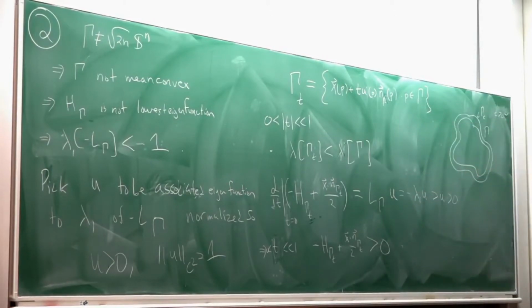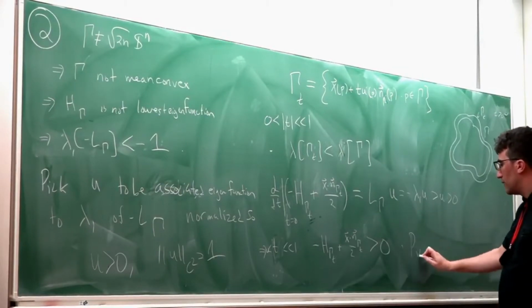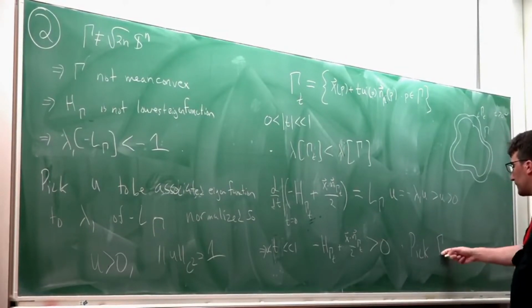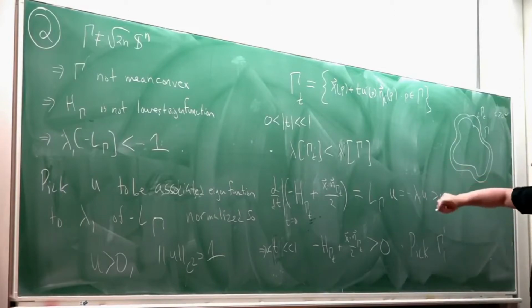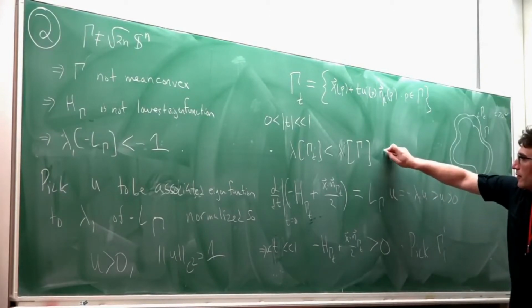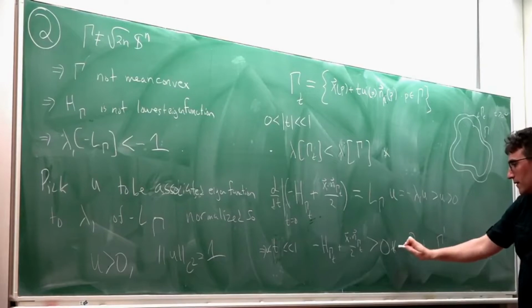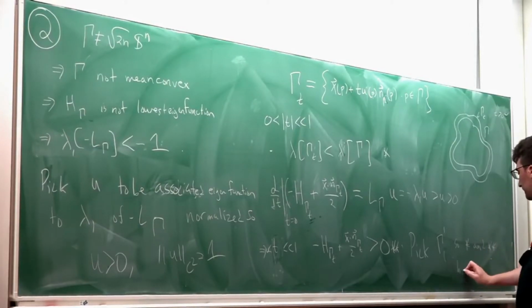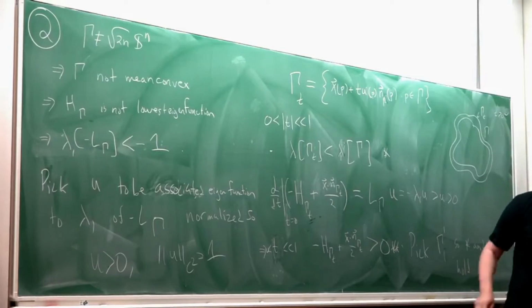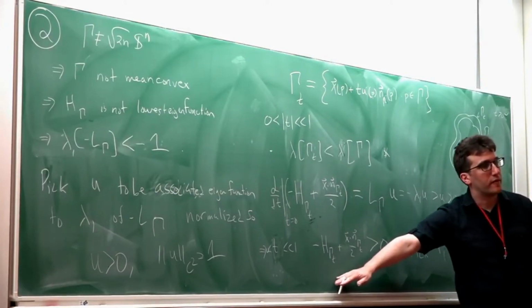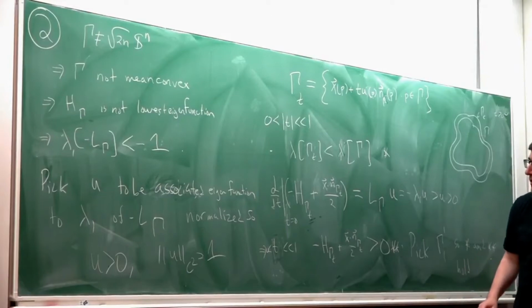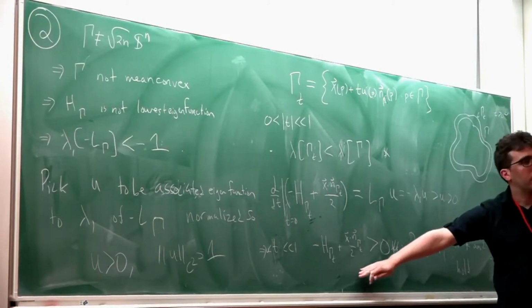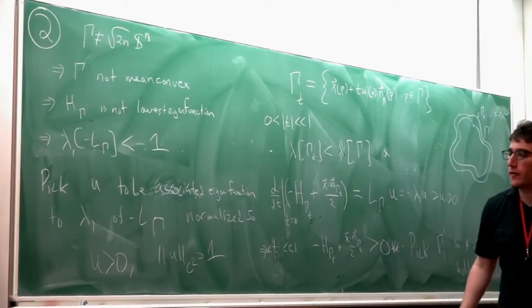Okay, so the point is now we just pick gamma prime so that both, let's call this star, okay, so this is our condition, that this is positive. So this is our convexity condition, that this quantity is positive.